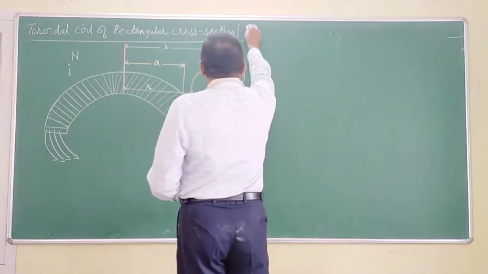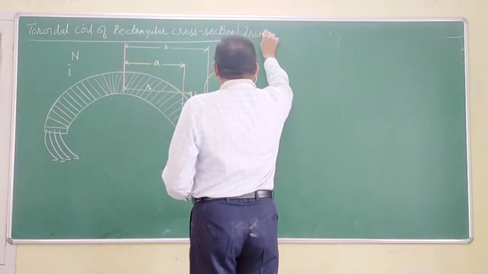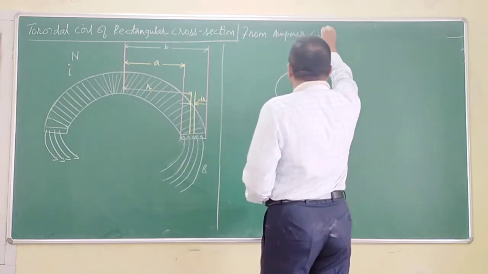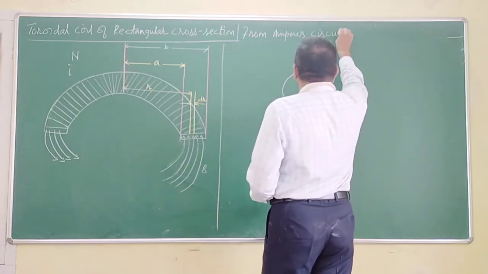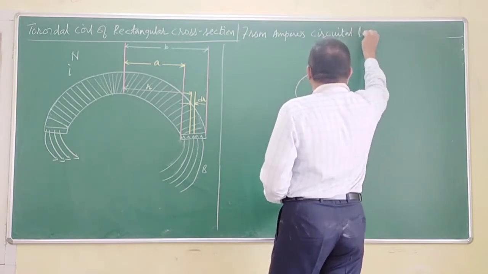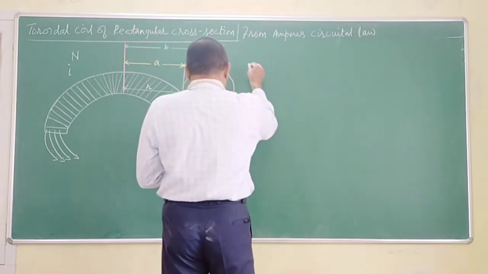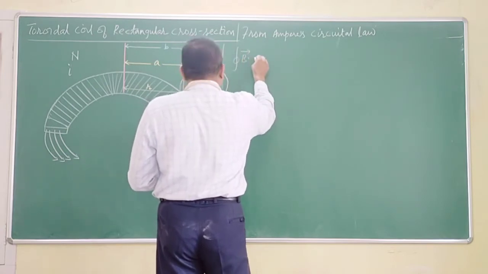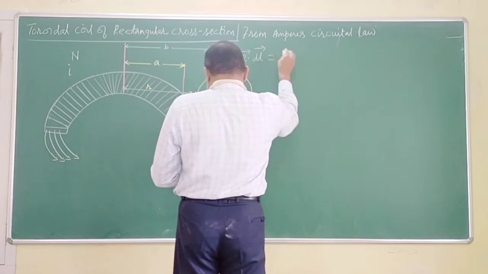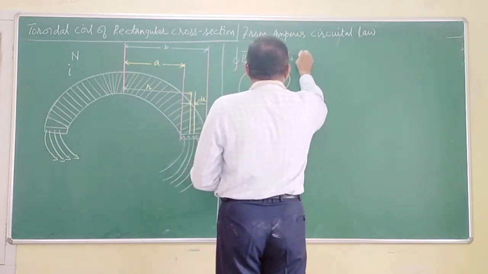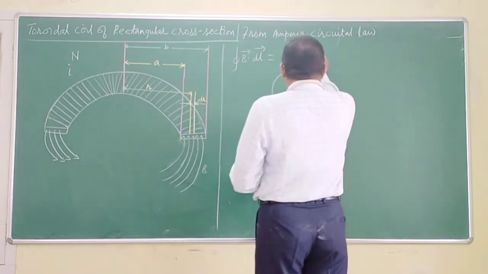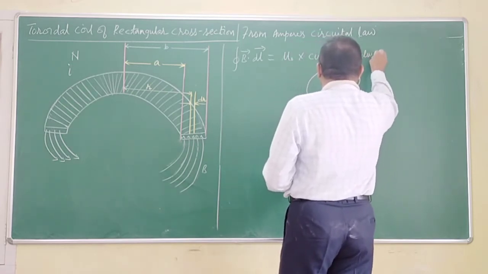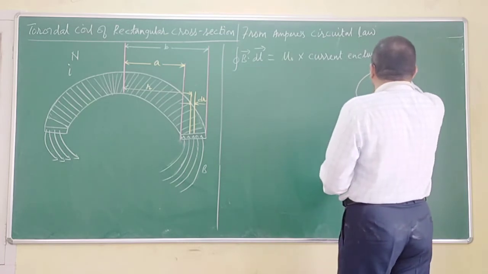From Ampere's circuital law, I will write: line integral of magnetic field is equal to mu naught times total current enclosed by the path.